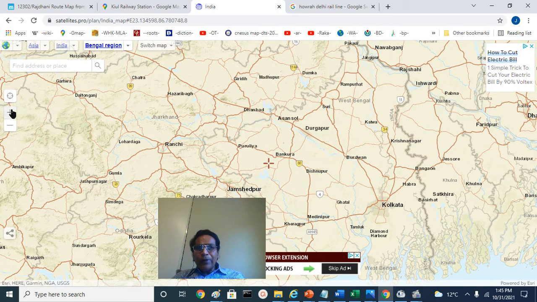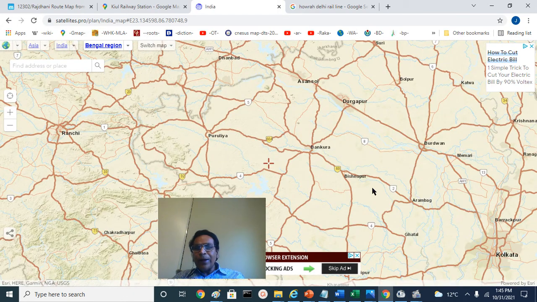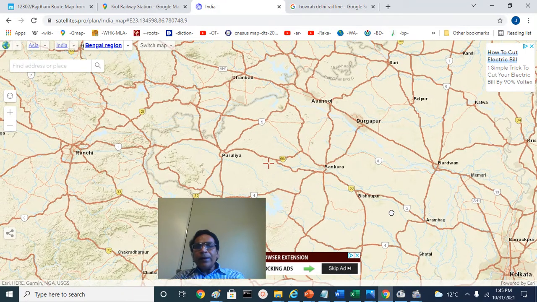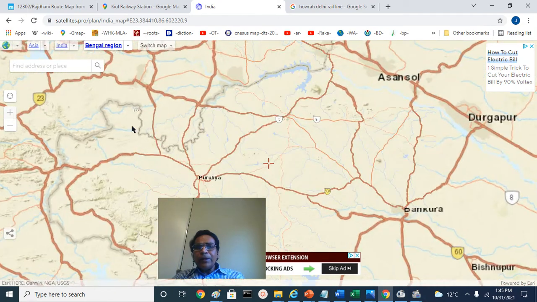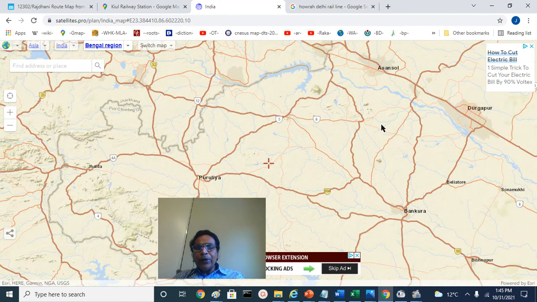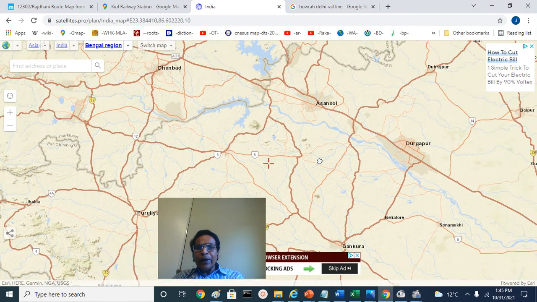We are looking at the Howrah to Delhi railway line and Calcutta, the Burdwan, the major corridor, the Grand Trunk route that was originally built by the Mauryan kings Chandragupta and Ashoka, extensively used by the Gupta dynasty.